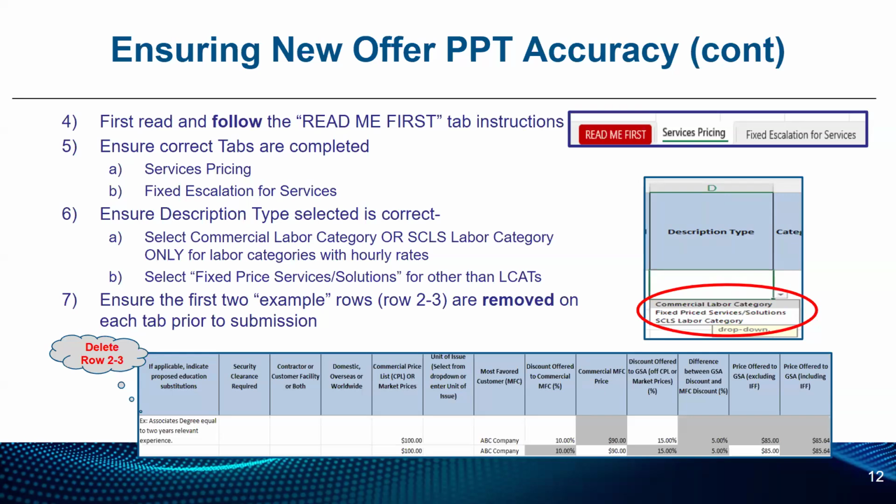Do not override the formula. That's how they're supposed to be, and that allows for accuracy in how we calculate pricing because we're all using the same playing field. Whenever you're done, make sure you delete the example rows. We don't need them anymore once you've used them for your example. So make sure those 2 example rows are gone.